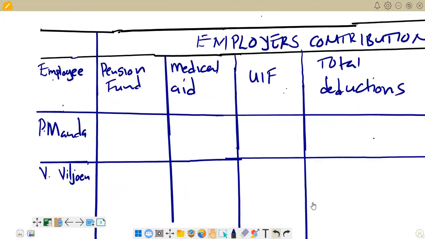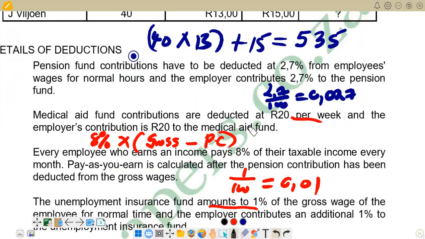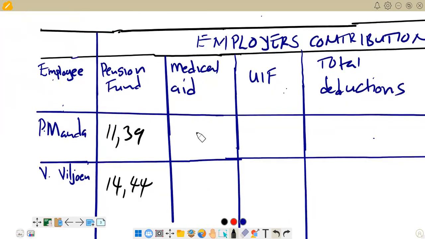And for medical aid, we go back and see that medical aid fund contributions are deducted at 20 Rand per week, and the employer's contribution is 20 Rand to the medical aid fund. So same amount again. We are going to put 20 Rand again under the employer. So here we have 20, and here we have also 20.